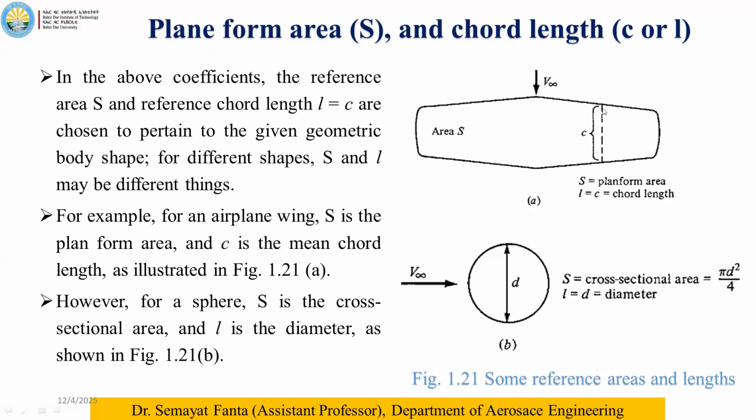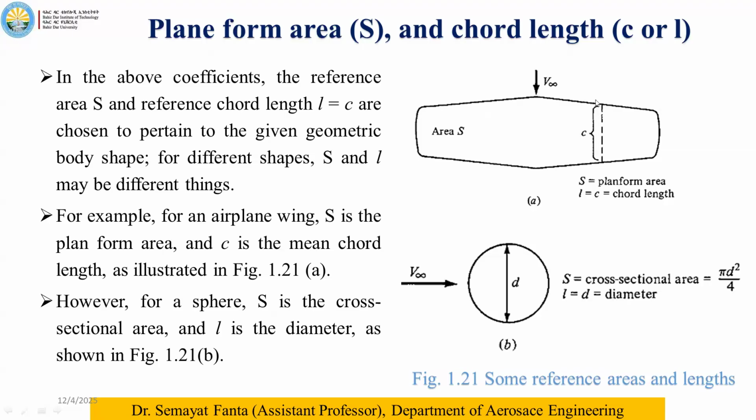The chord length is variable, because if you take a cross-sectional cut from this point, the chord length is some C. But when you go to the tip, because this is a kind of tapered wing, you get less chord. So it depends. Therefore, we consider the mean chord.